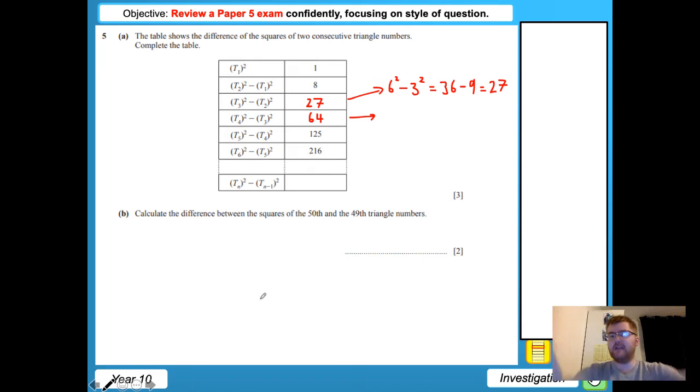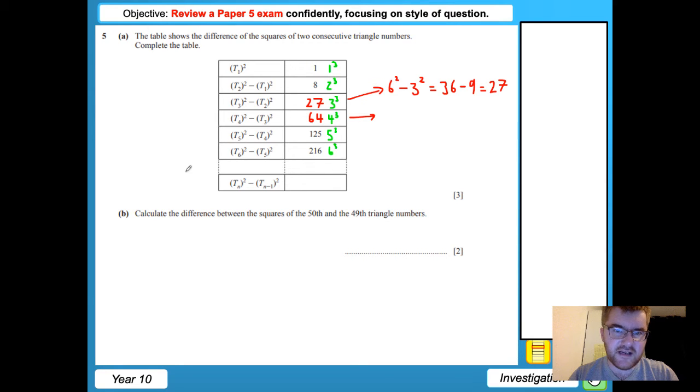Okay, hopefully you recognised that this 1 is equal to 1 cubed, 1 times 1 times 1. 8 is equal to 2 cubed, that's 2 times 2 times 2. This is equal to 3 cubed, 3 times 3 times 3, 4 cubed, 5 cubed, and 6 cubed.